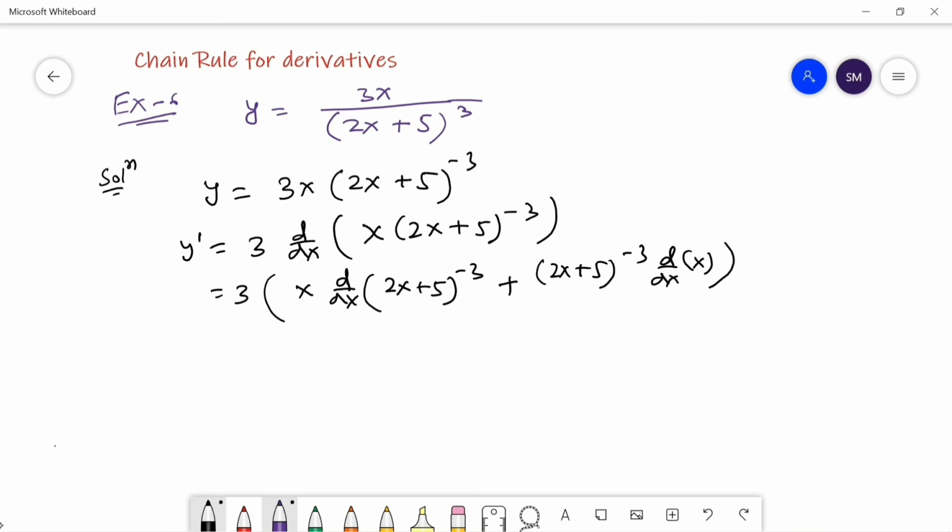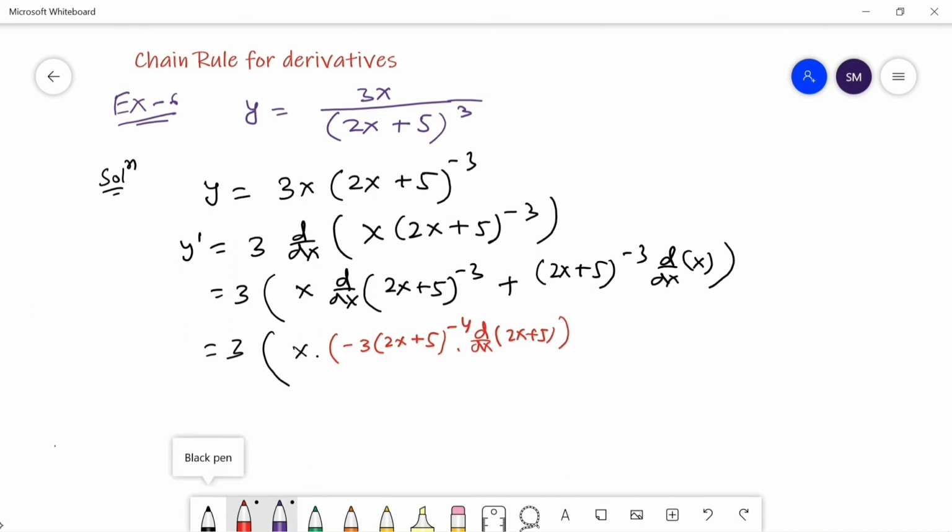derivative of x. This is equal to 3. So derivative of this one is x, minus 3, 2x plus 5 to the power minus 4, and then derivative of 2x plus 5, plus 2x plus 5 to the power minus 3, derivative is 1.